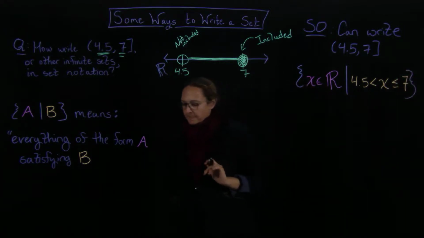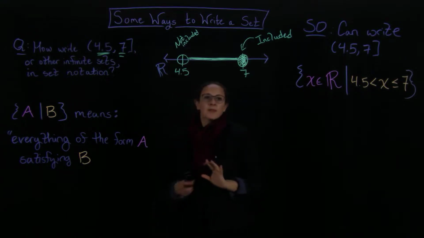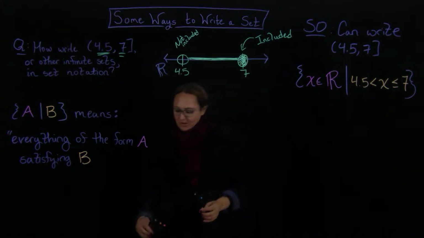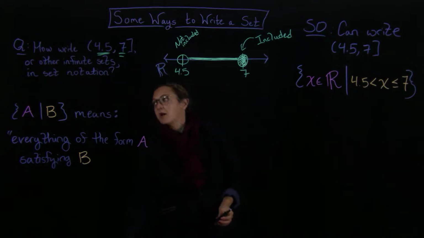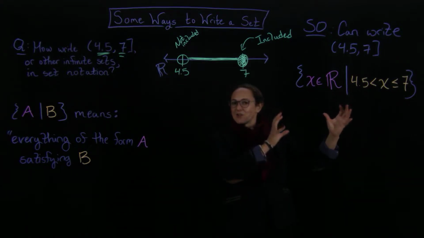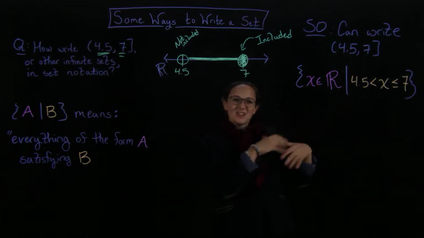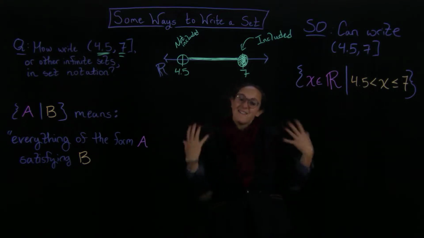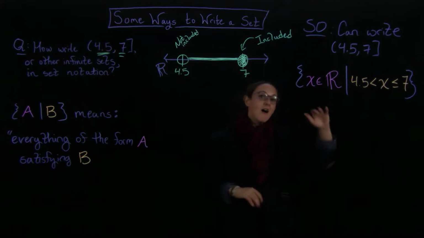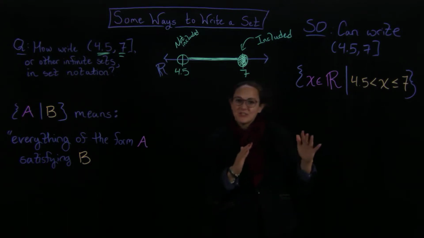So what did I do? I'll make a little remark. I'm going to have these curly brackets, and on the left-hand side I talk about what kinds of elements I'm talking about. Here, real numbers. On the right-hand side, I put conditions on them.